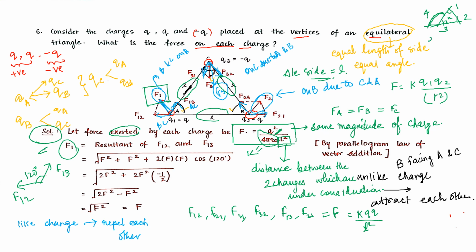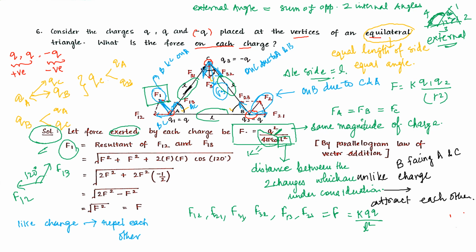This is the external angle. External angle equals the sum of the opposite two internal angles. So this is our external angle and the opposite ones are 1 and 2.